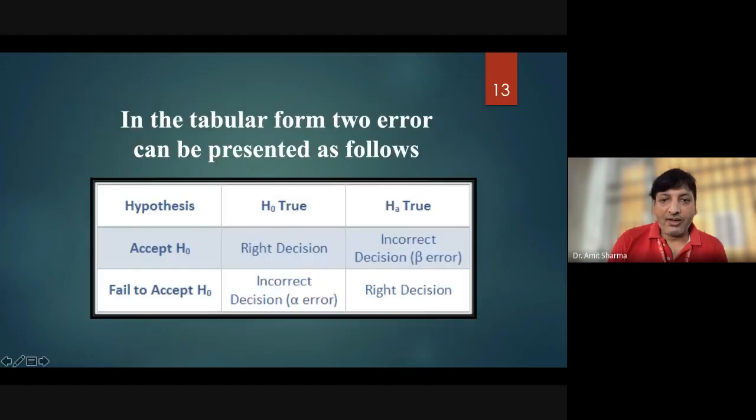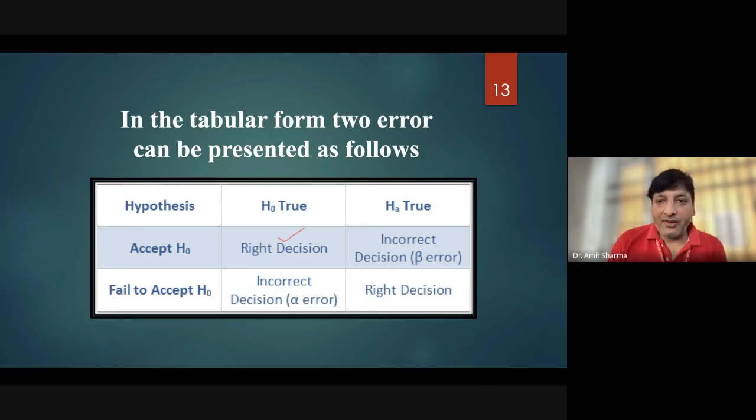Or you can see this side, what was the decision rule which we used to follow: this is our hypothesis, alternative and true. If the alternative hypothesis is true, and we also say that it is true, it is called the right decision.